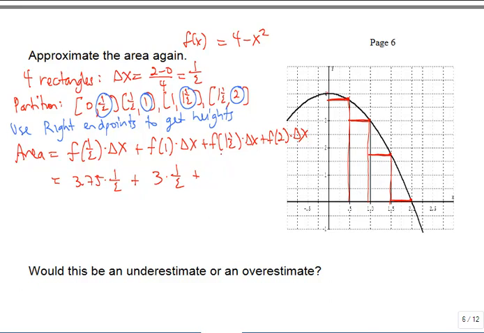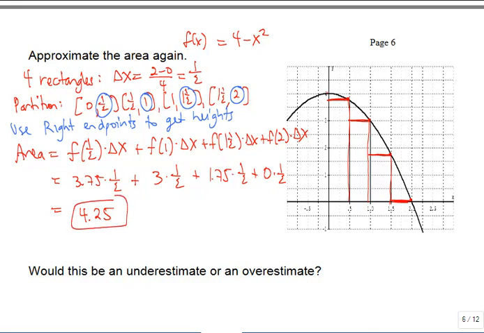When I plug in 1.5, I get 1.75 times my half. And when I plug in 2, 2 squared is 4, 4 minus 4 is 0. So that's why this last rectangle doesn't go at all anywhere. It's flat. And when you multiply these all together and add them up, you get 4.25. So this approximation is even lower.